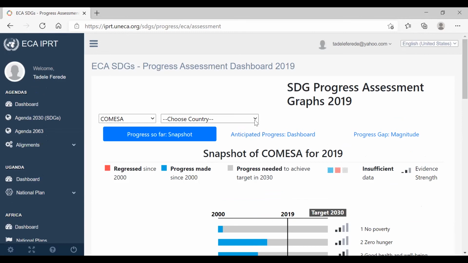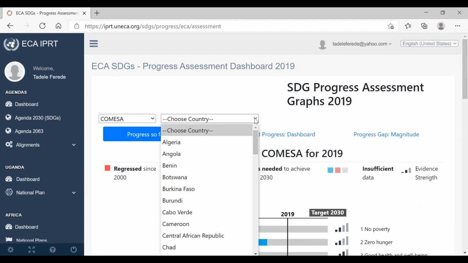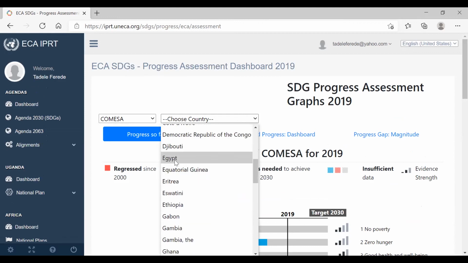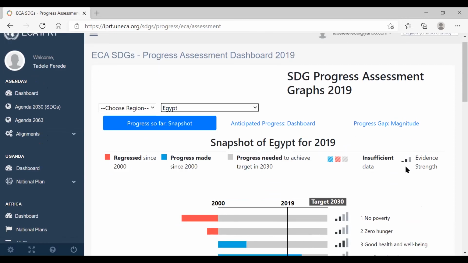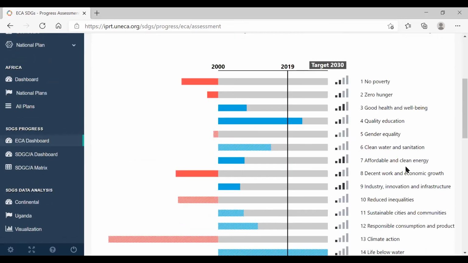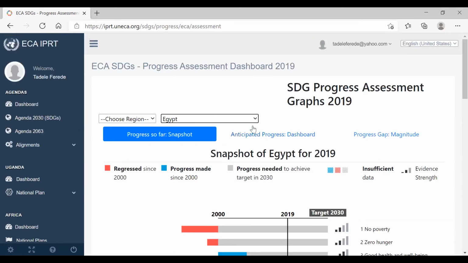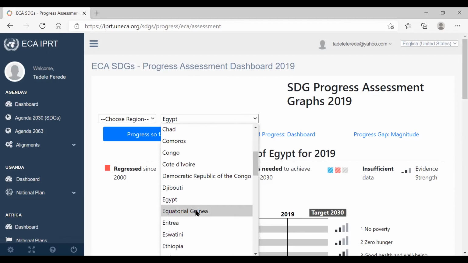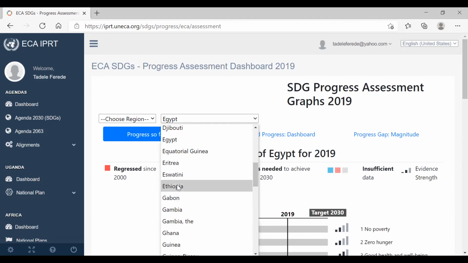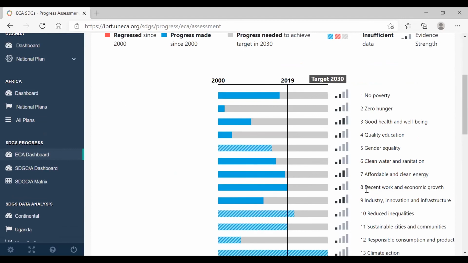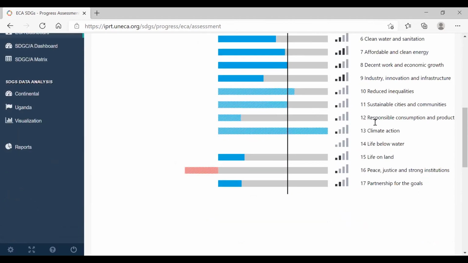Now, if your interest is to look at the progress of each individual country, you can click this box. You can see this one. For example, look at Egypt, how Egypt is progressing, for each goal, or any other country. For example, Ethiopia. You see the progress of each country with regard to the 17 goals.